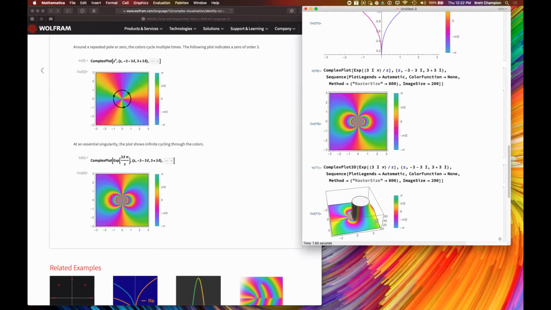The interesting thing is that this change in absolute value is happening perpendicular to the direction of the color cycle. So the top half is where we get the function going to large value, positive infinity.